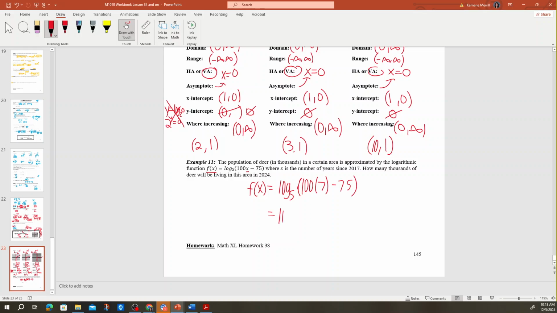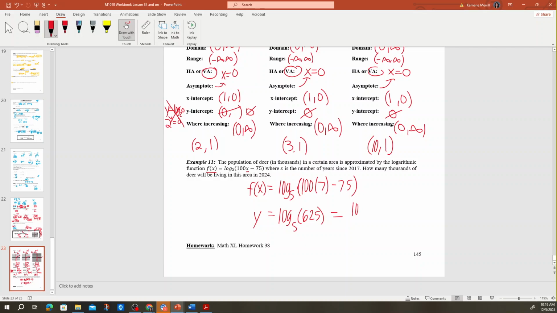And then we would get log base 5 of 700 minus 75. What do you guys get on that one? 625. I could put this into my calculator as the change of base, but I also could see if 625 can be manipulated to be a base 5. Can 625 be manipulated a little bit? Yeah, it can be 5 to the 4. There are 3 approaches.